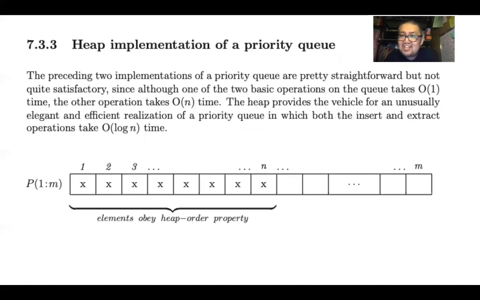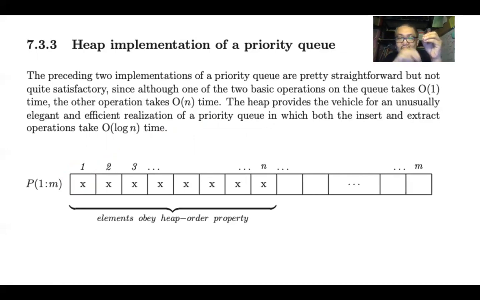If we implement this as a heap, and this will be interesting now, if we want to extract an element, we just extract the root of the heap. That's O of 1. However, just like in heap sort, we will put a new element at the root.